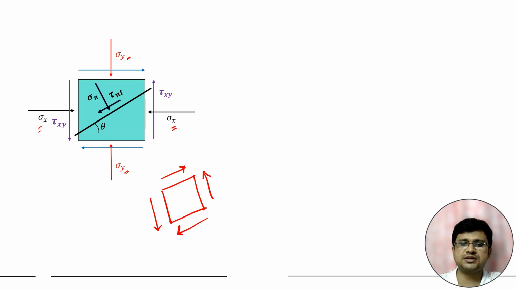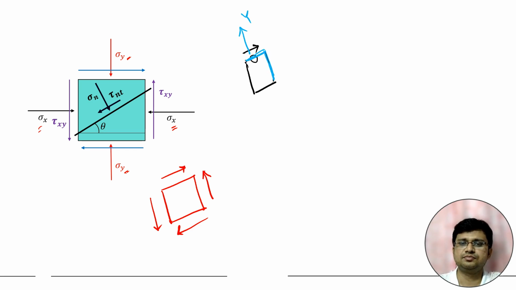The logic of this positive shear stress is discussed in detail in the previous video, but I am repeating it in short. For this particular face, if we draw a normal over it, that normal will be in the positive y direction, so this is a positive face.